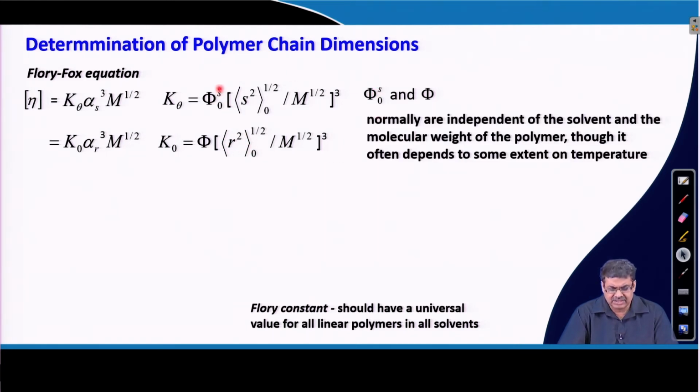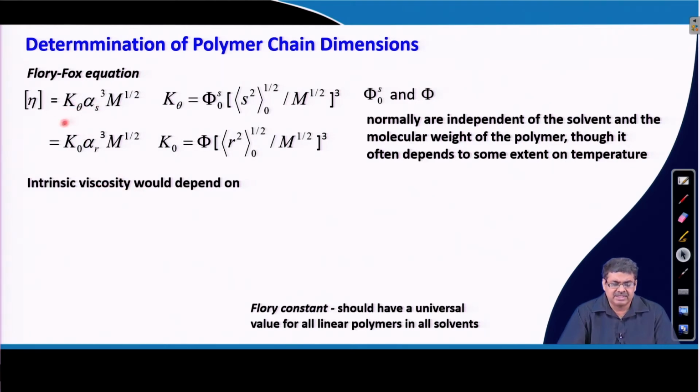Now, these two constants are normally independent of the solvent and the molecular weight of the polymer, though they often depend to some extent on temperature. So, this is the same expression we have seen earlier, one expressed in terms of radius of gyration and the other expressed in terms of average end to end distance.